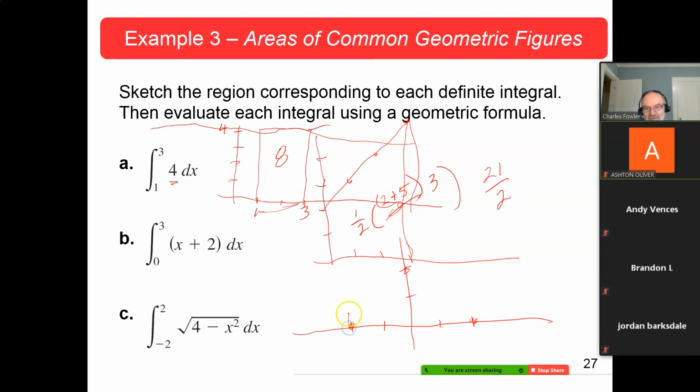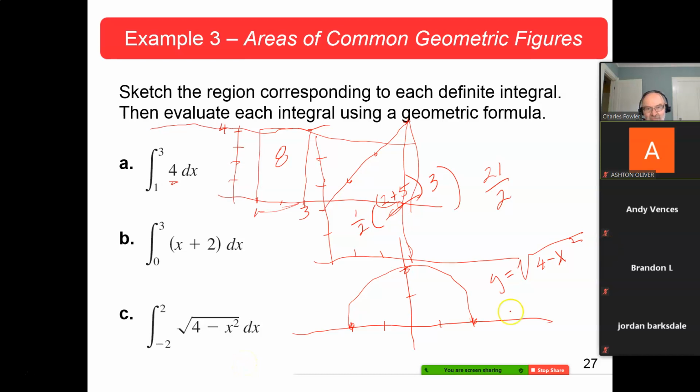What this gives you is a semicircle. Why is that? Do it this way. y is equal to the square root of 4 minus x squared. Normally we say f of x, but I went on and said y.